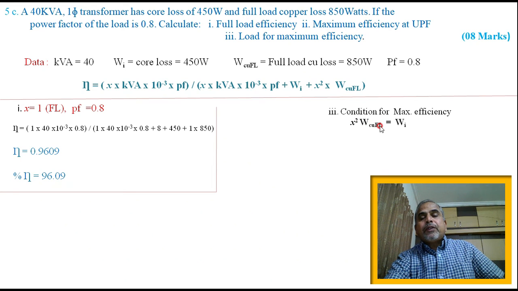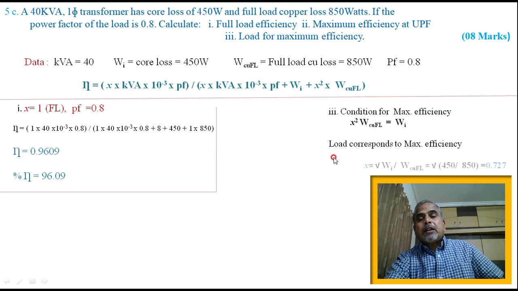Because WCUFL is given and WI is given, the load at which maximum efficiency occurs is x, which is the square root of WI divided by WCUFL. What you get is 0.727, meaning at a load of 0.727 the efficiency of the transformer will be maximum.